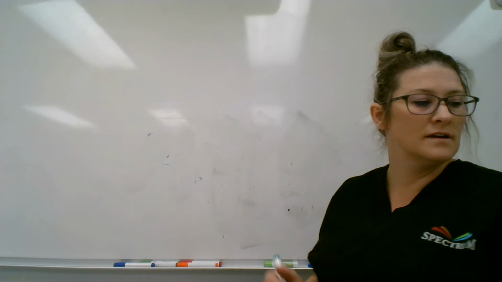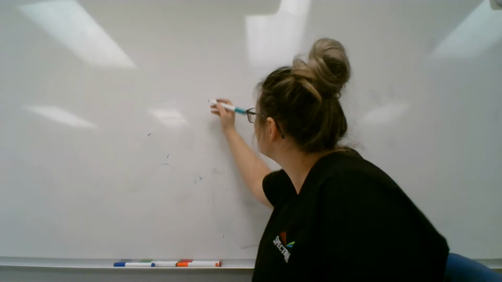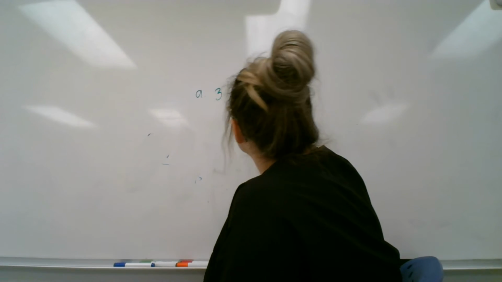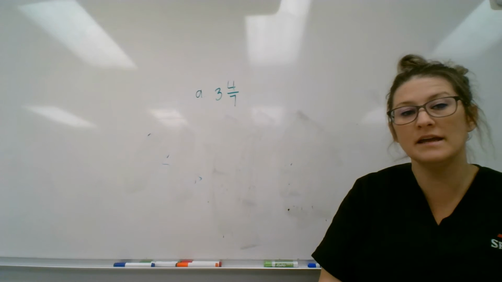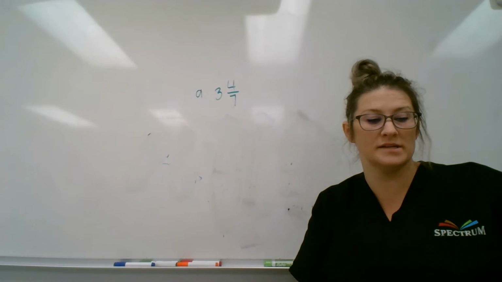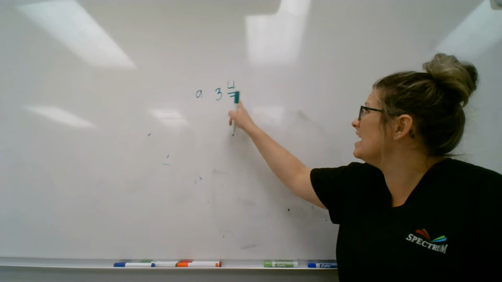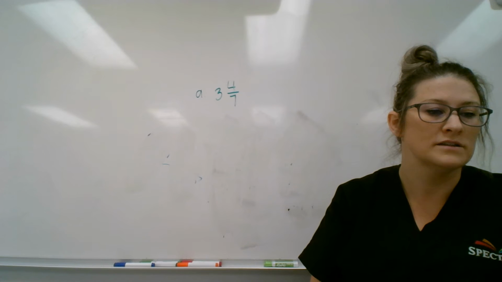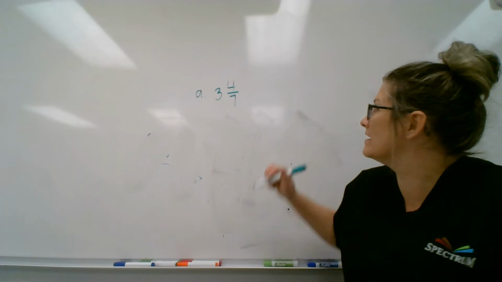All right, so part A is 3 4/7. I have to change this problem to make it an improper fraction. We're going to make it equal the mixed number. The fraction for 3 will have the denominator of 7.